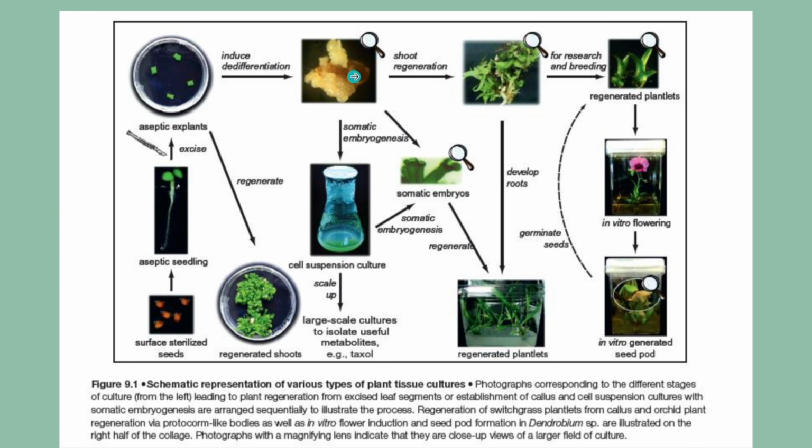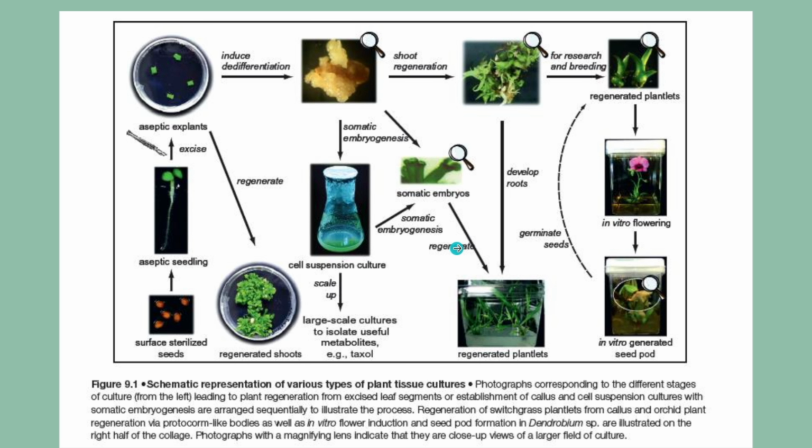It is an undifferentiated cell, so it can generate any type. You can directly generate shoot, which is organogenesis, or you can use embryogenesis to induce the somatic embryo. So you can directly produce a plant, or even if you induce the shoot, you can still develop the root to form the plant.